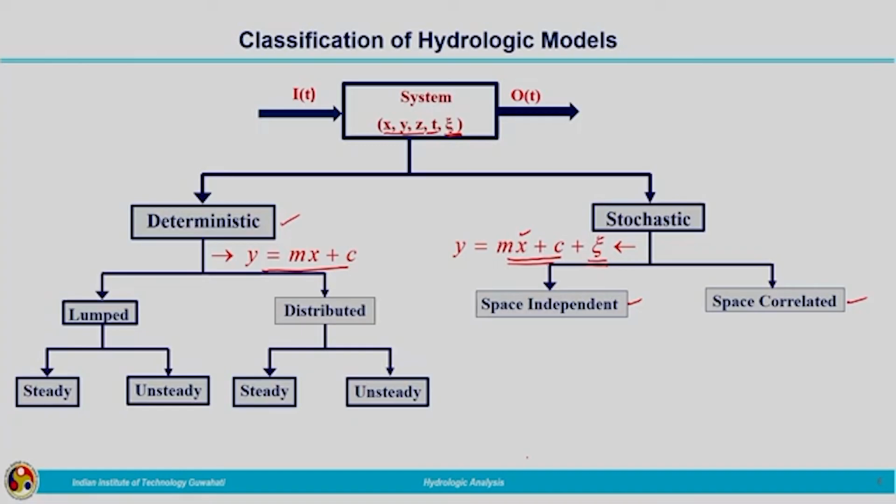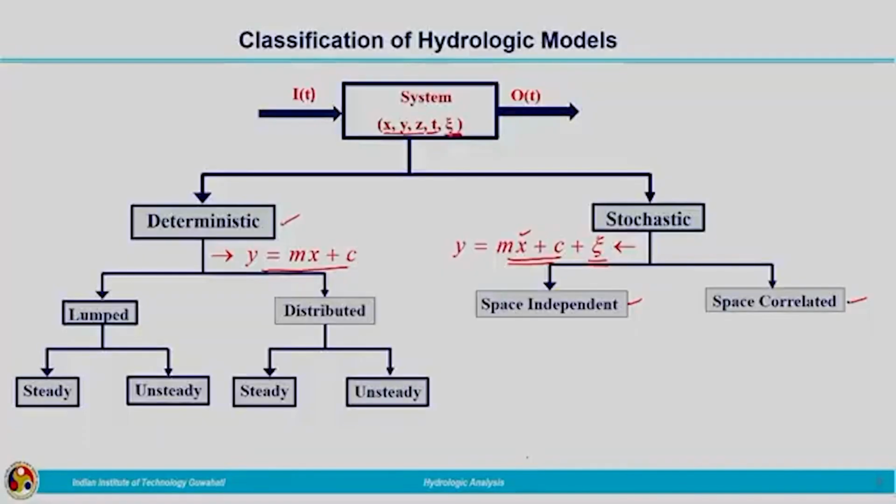We call them space independent and space correlated. The lumped model, which is independent of space, is known as the space independent model under stochastic consideration, and the one in which variation with respect to space is incorporated is termed the space correlated stochastic model.